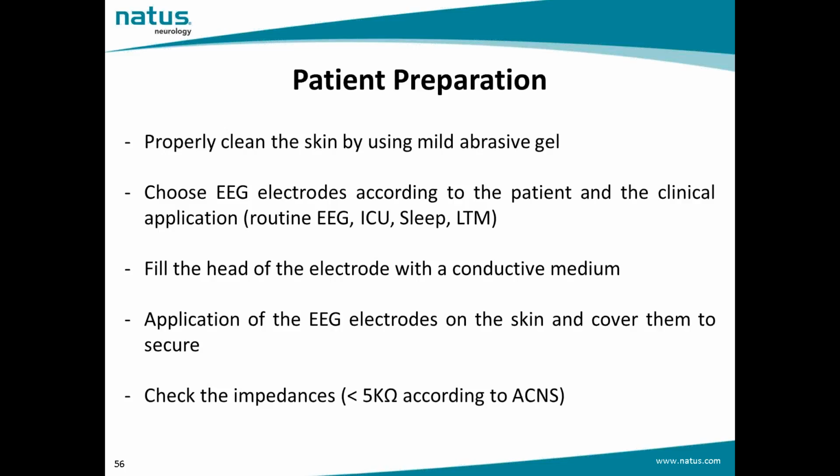Typically the input impedance is 100 megaohm, but an EEG amplifier with input impedance that is too high, for instance greater than 1 gigaohm, could prevent recording the EEG signal properly and display a low quality EEG signal.